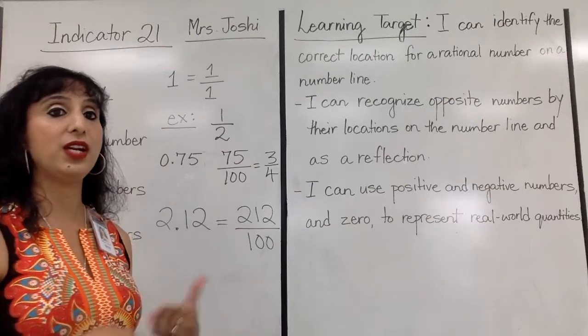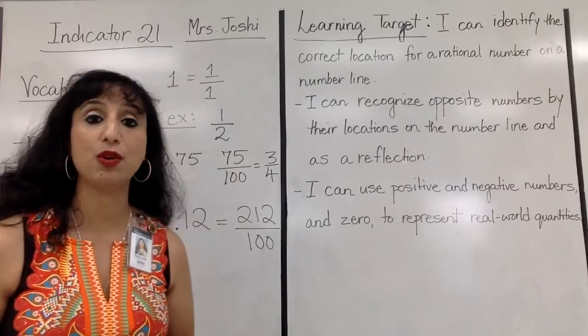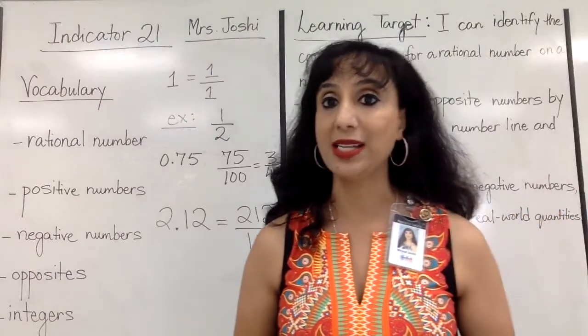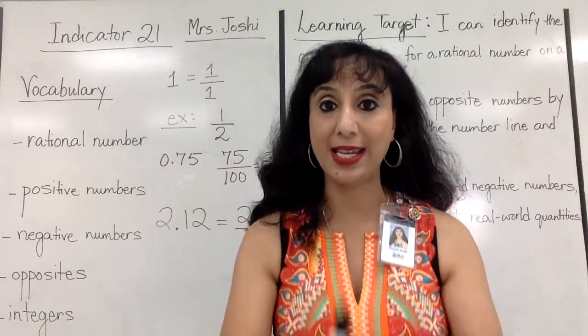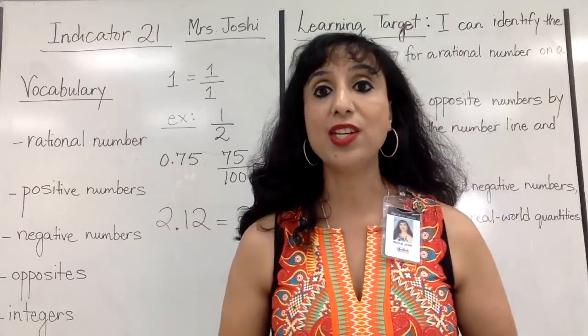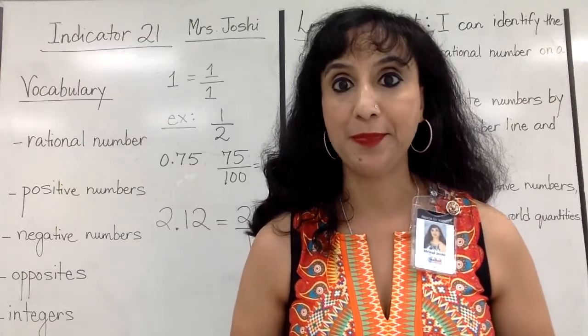If I had written it as an improper fraction, it would be 212/100. But when I'm dividing and I get a terminating decimal, that means a decimal that ends, it is a rational number, okay? An irrational number is something like pi.